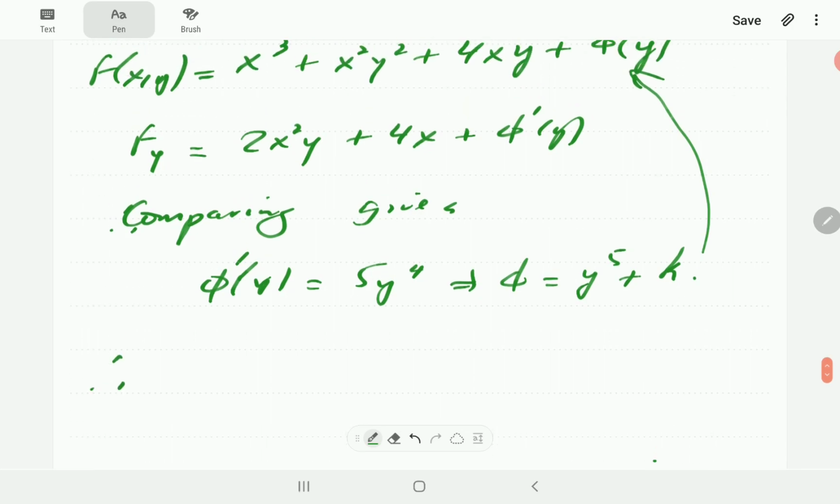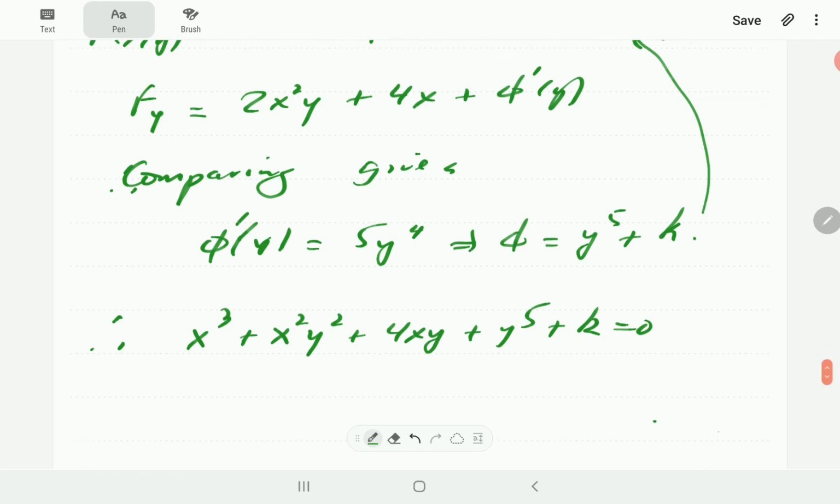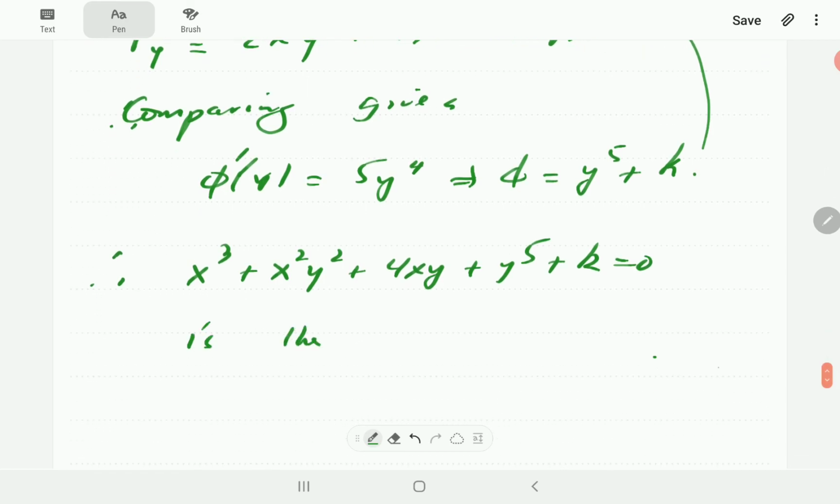So therefore x cubed plus x squared y squared plus 4xy plus y to the power 5 plus k equals 0 is the solution.